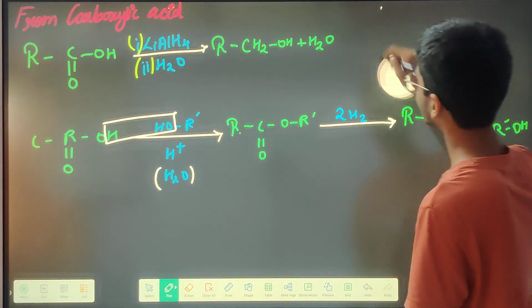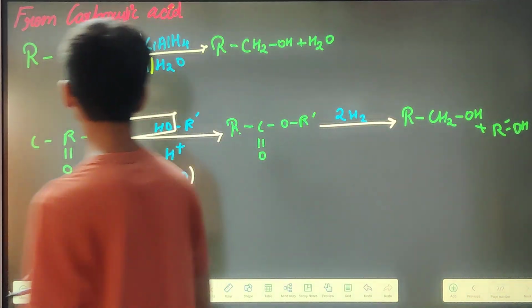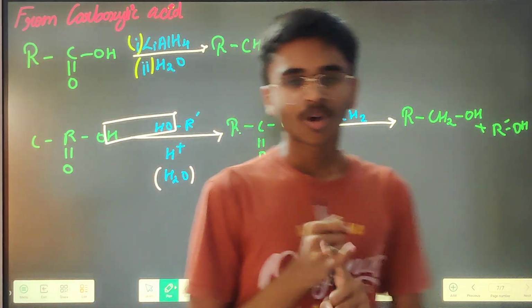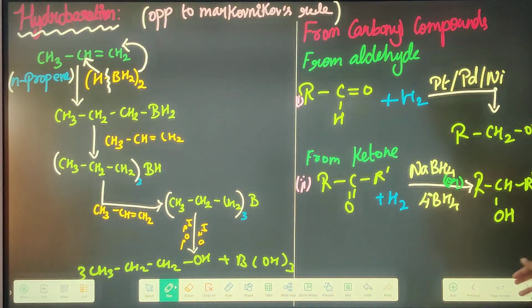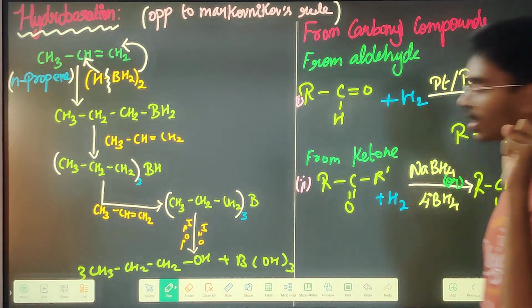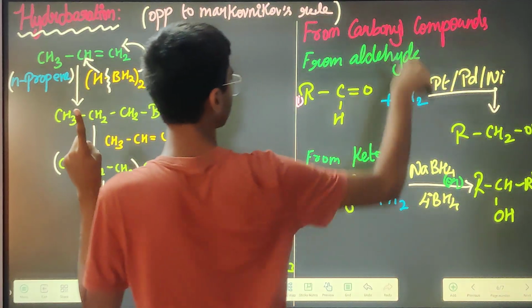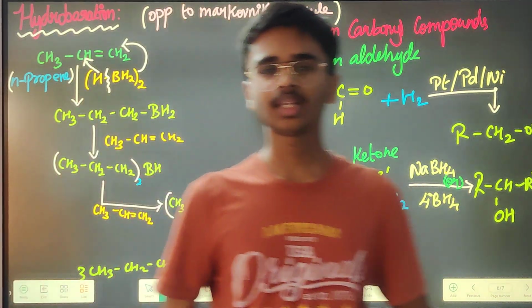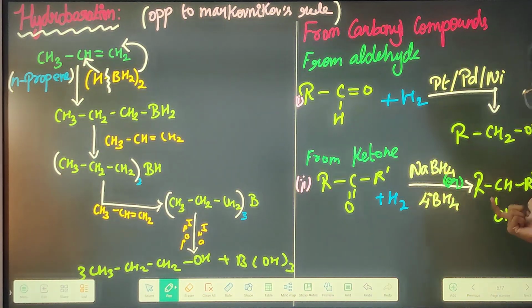Water along with LiAlH4 is a must. From that you can get your primary alcohol. In these carbonyl compounds, you have aldehyde, ketone, and carboxylic. Only one of them can give you a secondary alcohol, which is ketone. Ketone is the one and only compound that can give you secondary alcohol.